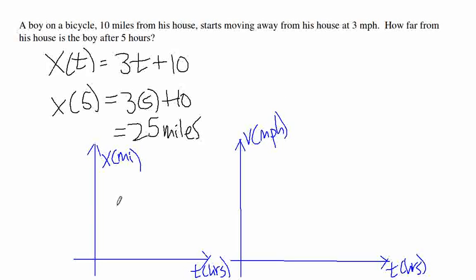All right, so let's see. So the x started out at 10, and it ended up after 5 hours at 25. The velocity, the derivative, was 3 for the whole 5 hours.